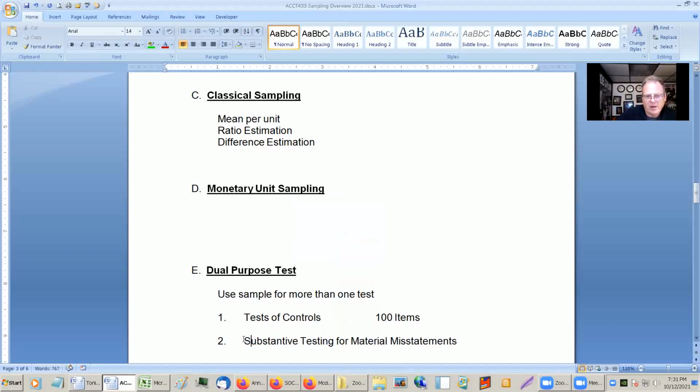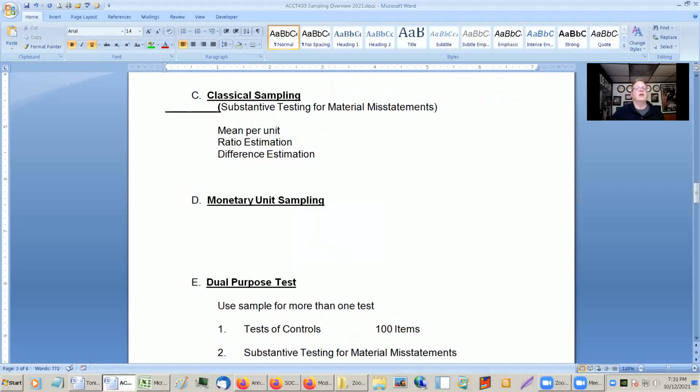By the way, these up here, and I don't think I've made this clear, and I should have. Classical sampling is a substantive test. And so is monetary unit sampling down here.